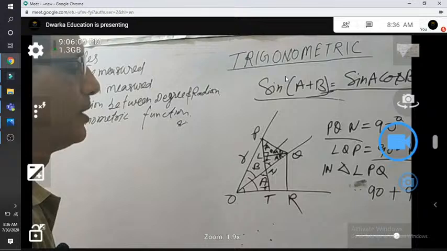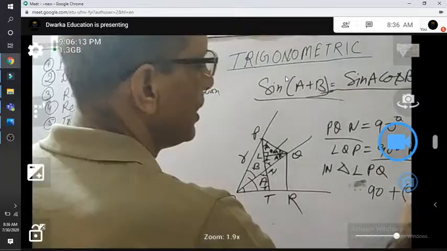90 plus 90 minus A is equal to 180 degree.